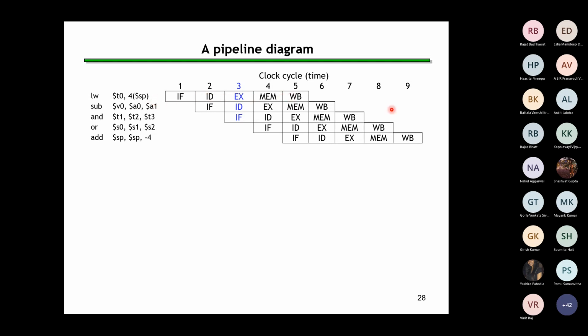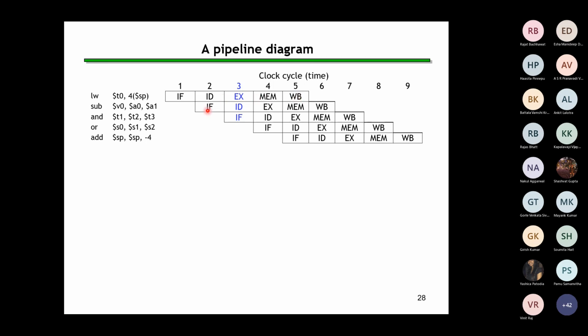So in the horizontal direction, we show the clock cycles. And in the vertical direction, we are showing the instructions. Now, one thing you can observe is that in order to finish the first instruction, I need these 5 clock cycles. Fetch, decode, execute, memory, write back.